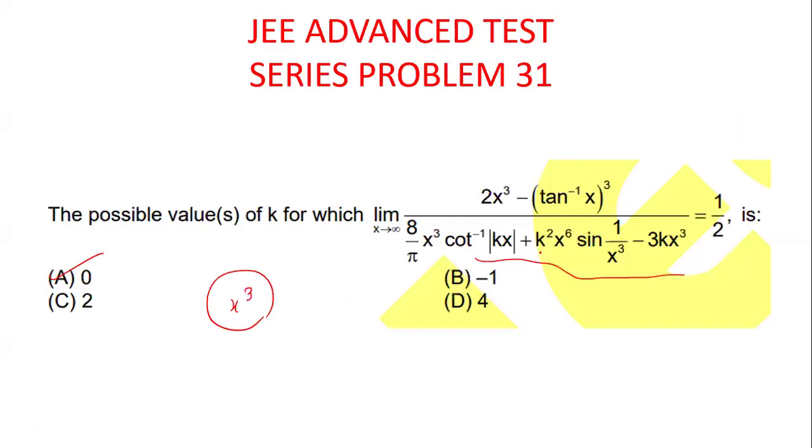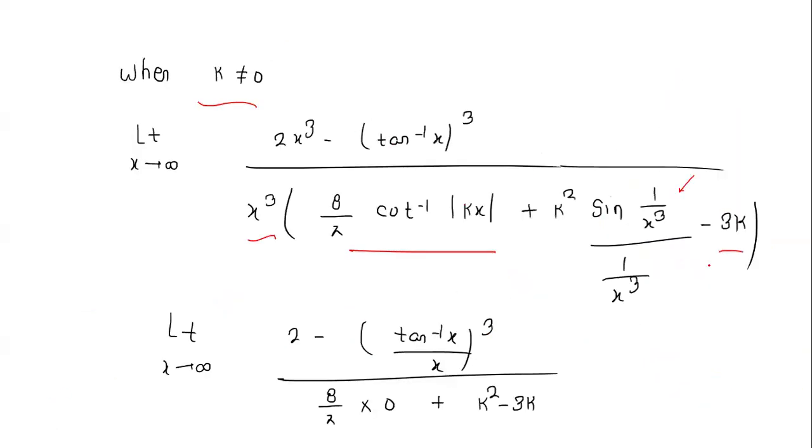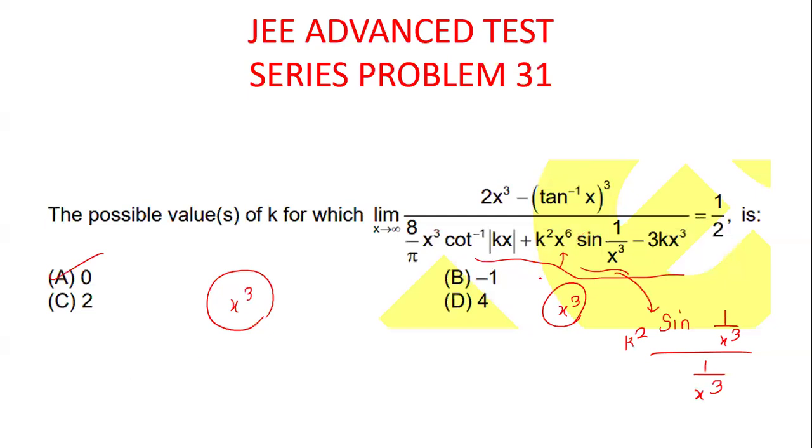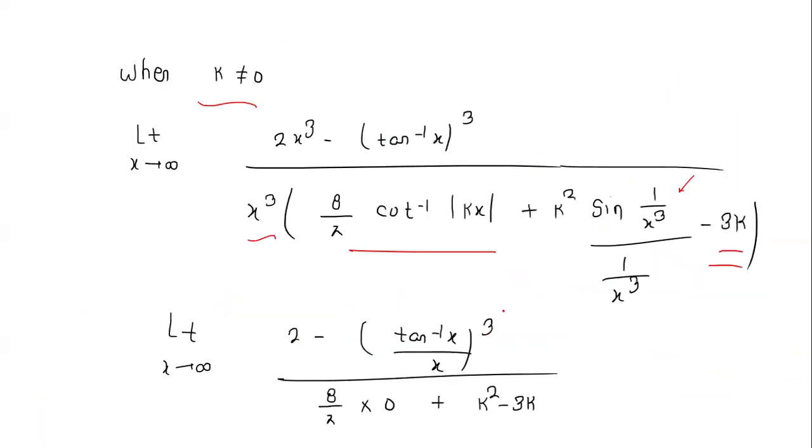If you take x cube outside from this, the remaining thing is this, and this x cube you can write in this way, like 1 by x cube, and here you will have k square. So this whole thing you can write in this way, and here we have minus 3k after taking x cube outside.